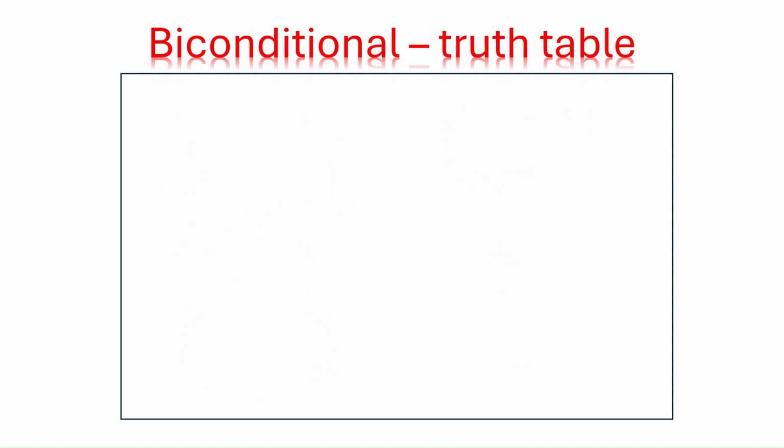Now we do our biconditional tables, right? So, one second. So you have P, we have Q, and then we're saying P. Okay. So firstly, we put down what each value is.